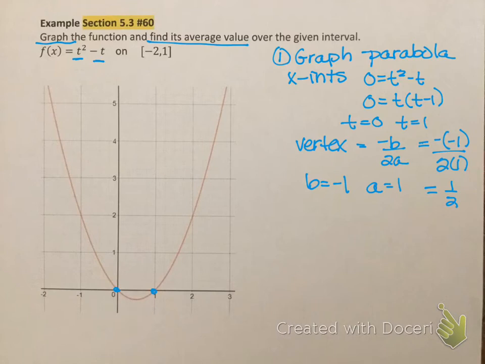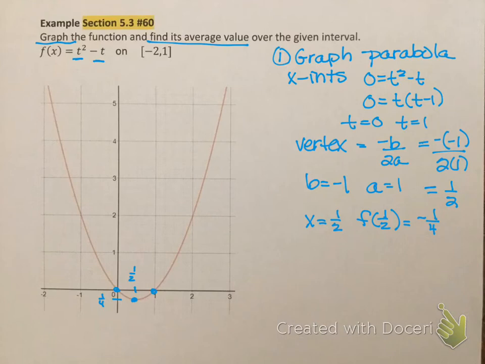This is the x-coordinate of my vertex. When I plug in 1/2 into my function to find the y-coordinate of my vertex, I get out a negative 1/4. So my vertex here is at 1/2 comma negative 1/4.